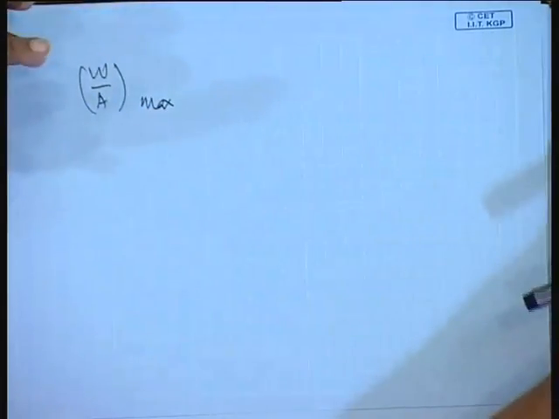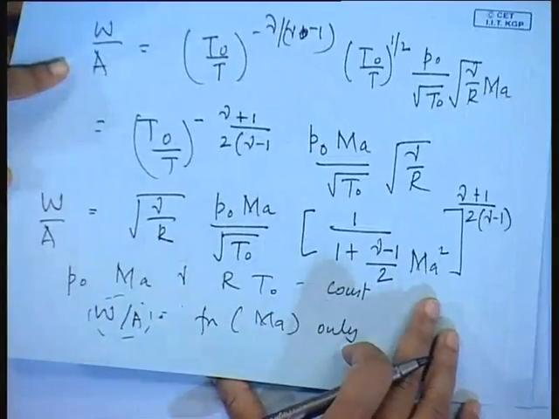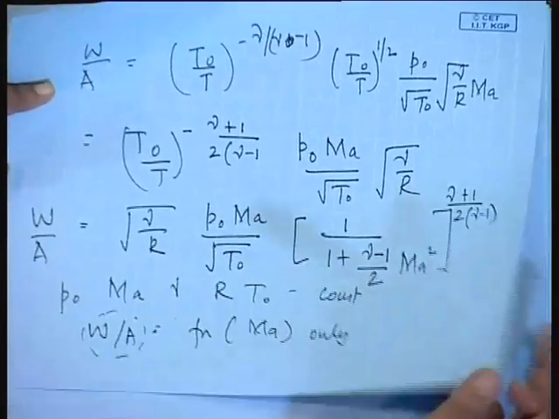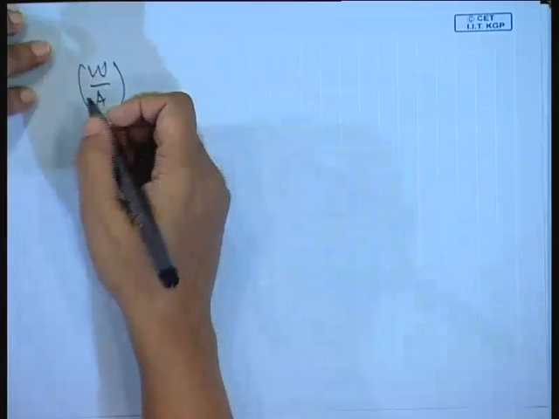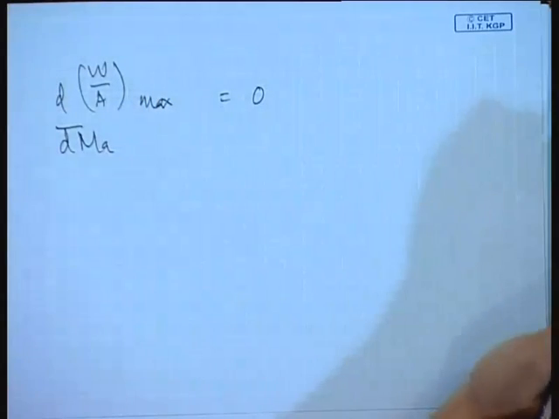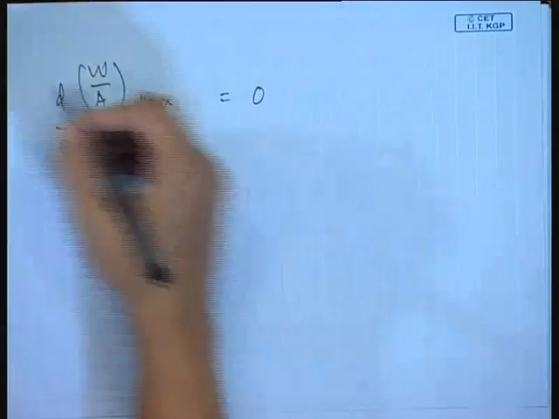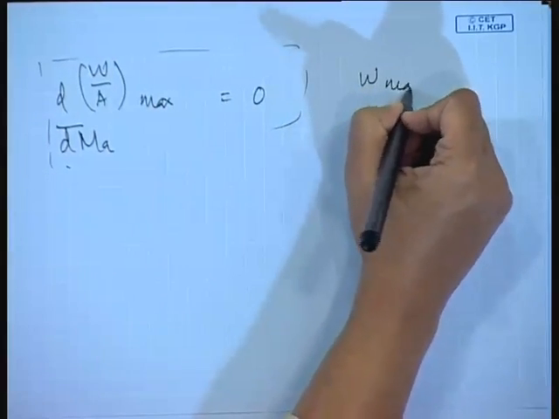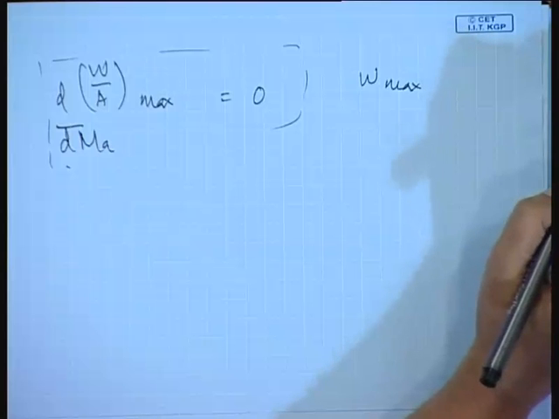This will depend definitely only on the Mach number, and the condition which will give you W by A max can be obtained as d of dMA equals to 0, yes or no? From this particular condition I can get an estimate of W max, isn't it?